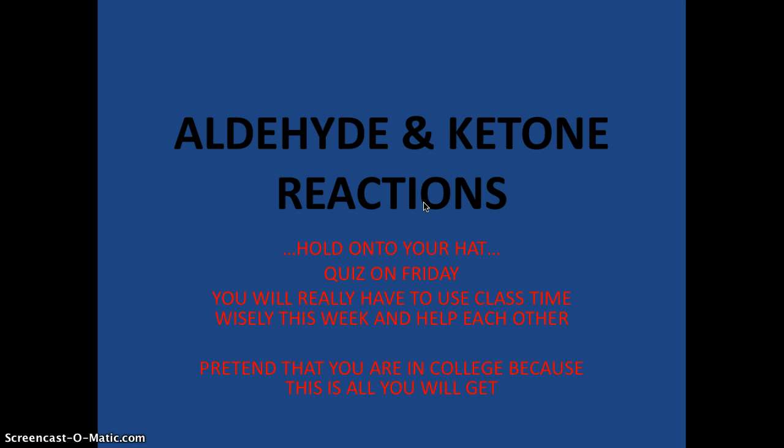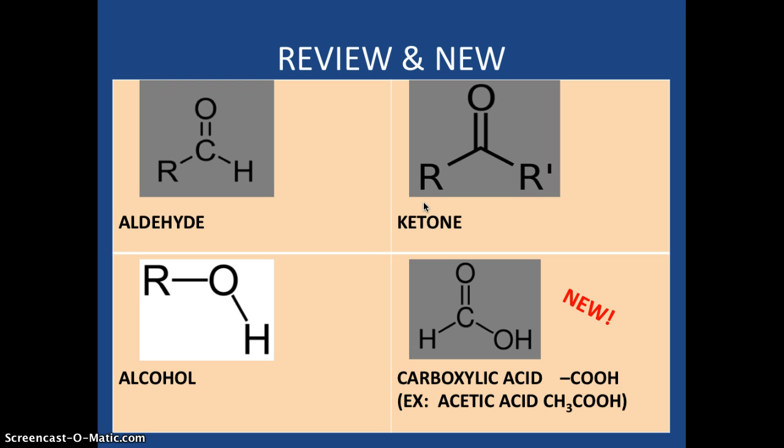Okay. So just to review real quickly, upper left-hand corner here, we have an aldehyde in shorthand. And remember, this R is the rest of the molecule. And you'll remember from the beginning part of the aldehydes that we have a double bonded carbon at the end of our chain.